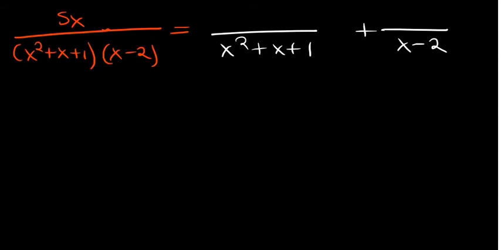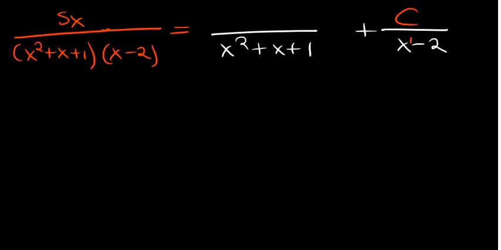So what do we have now? This is where you have to be careful. For the part with the linear denominator, we just put a constant. We reduce the power by one. Since we have x to the power 1, we are going to have x to the power 0, that's why we have a constant.